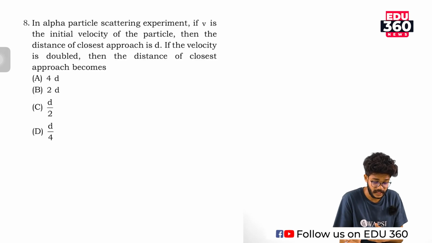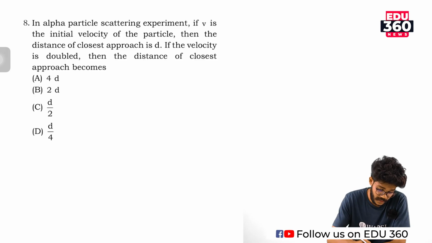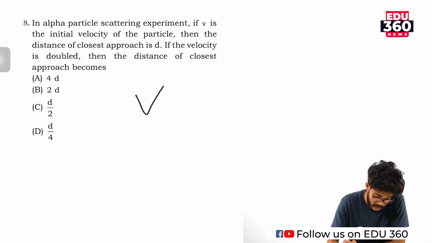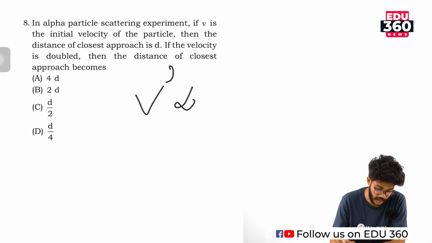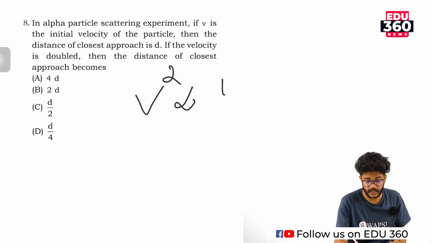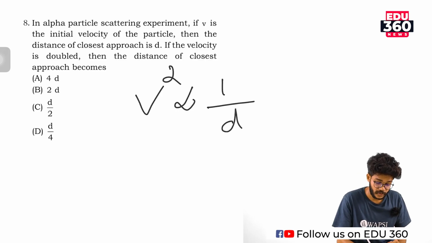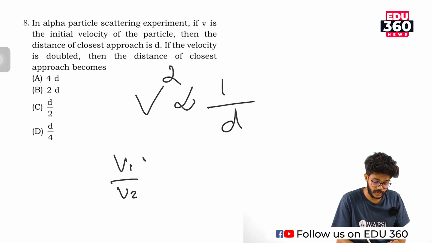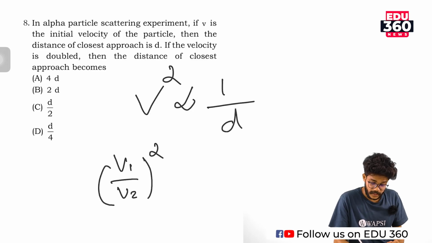Velocity square is inversely proportional to the distance of closest approach. So v1 by v2 the whole square is proportional to d2 by d1.